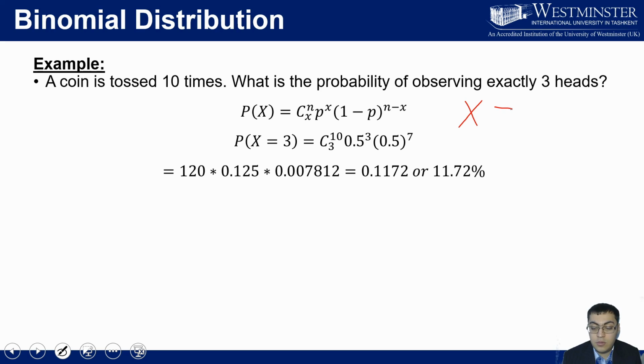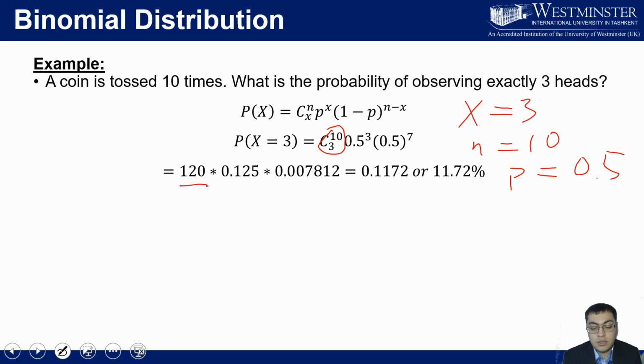So x is equal to 3, n is equal to 10, right? And our probability is just equal to 0.5. So the first thing that I'll have to do is find 10 combination 3, right? So remember from previous week, it was that big formula using factorials, and 10 combination 3 gives me 120.